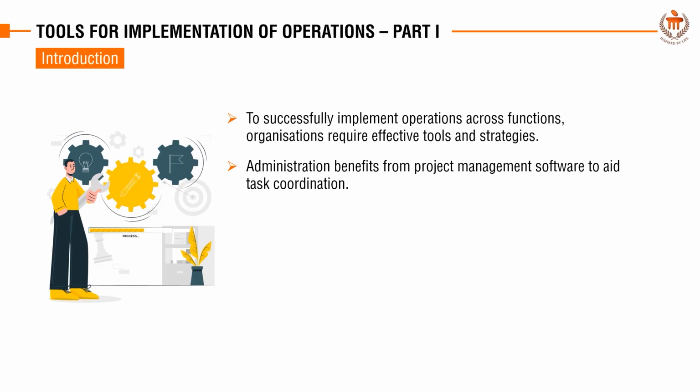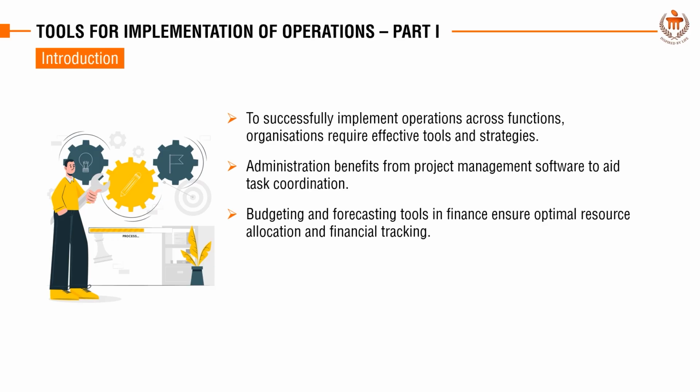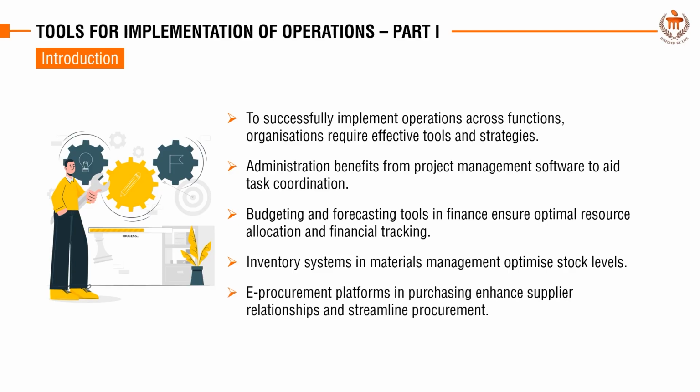Effective project management software in administration aids in task coordination, while budgeting and forecasting tools in finance ensure optimal resource allocation and financial tracking. In materials management, inventory systems optimize stock levels, and e-procurement platforms in purchasing enhance supplier relationships and streamline the procurement process.